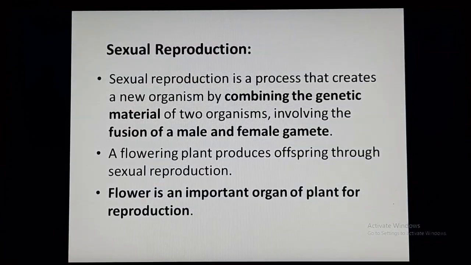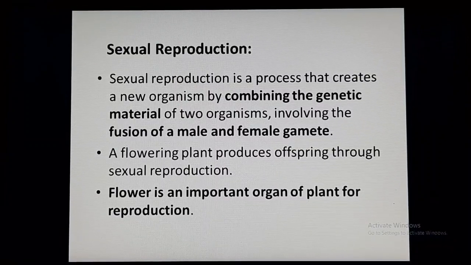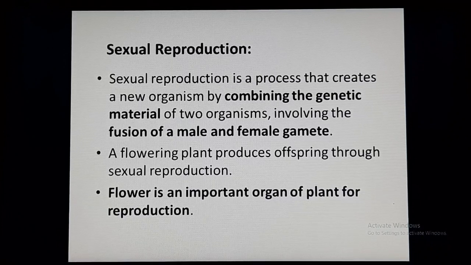the sexual reproduction. Sexual reproduction is a process that creates a new organism by combining the genetic material of two organisms, involving the fusion of a male and female gamete. So the most important thing is that two individuals must be involved in this reproduction.